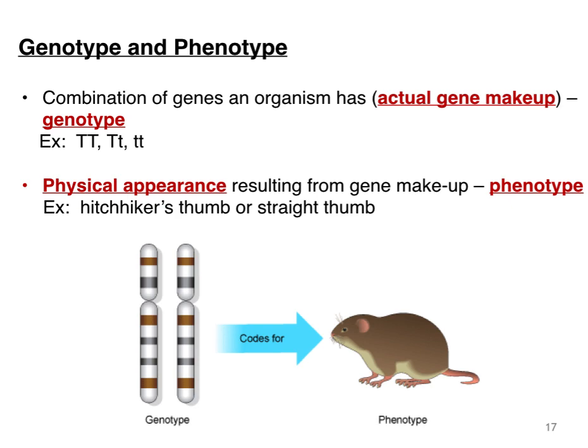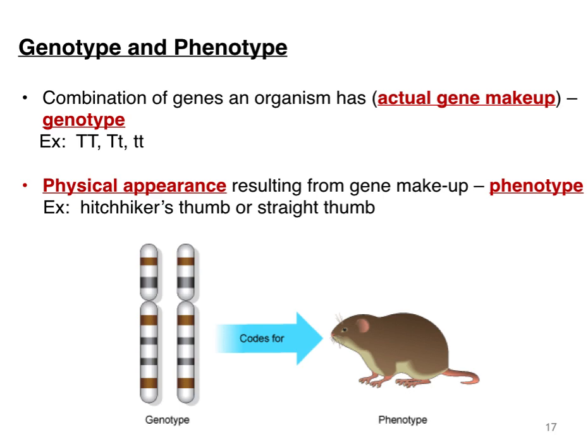And just one more review of genotype and phenotype. A genotype is the combination of genes that an organism has. So when we represent that by writing, we give it letters, capital T, lowercase t, or two lowercase letters.